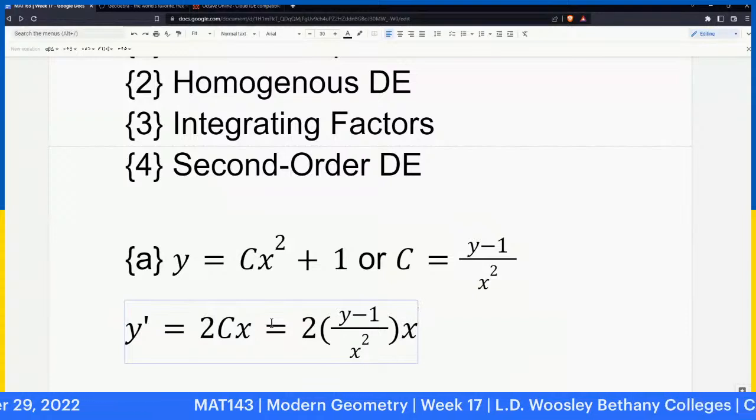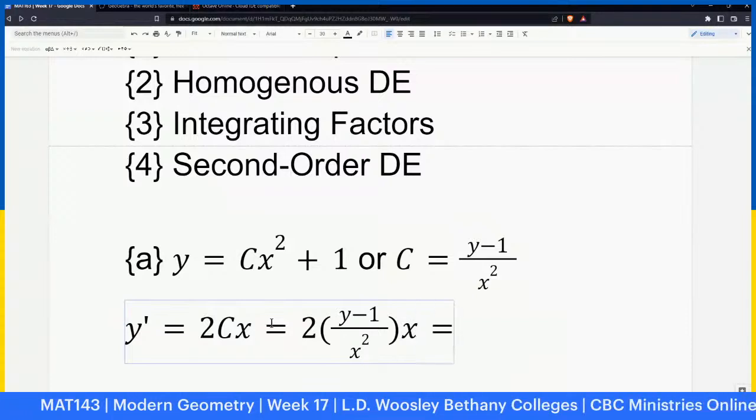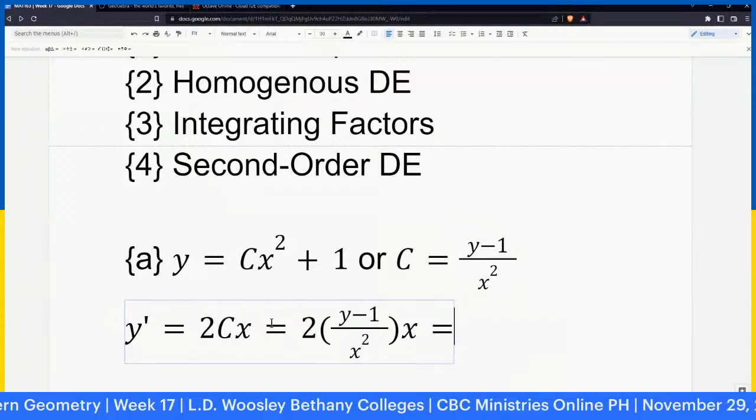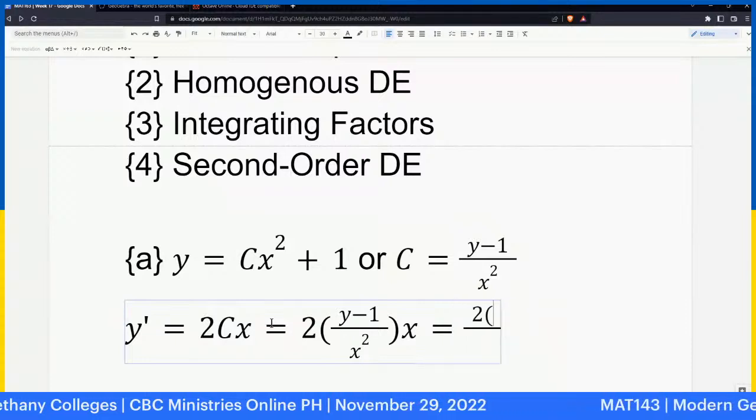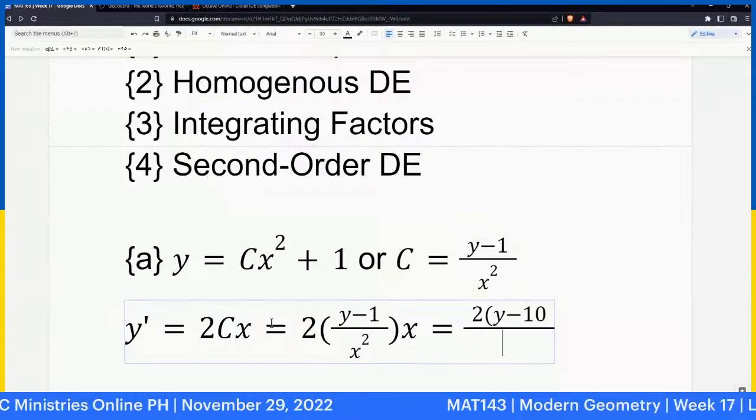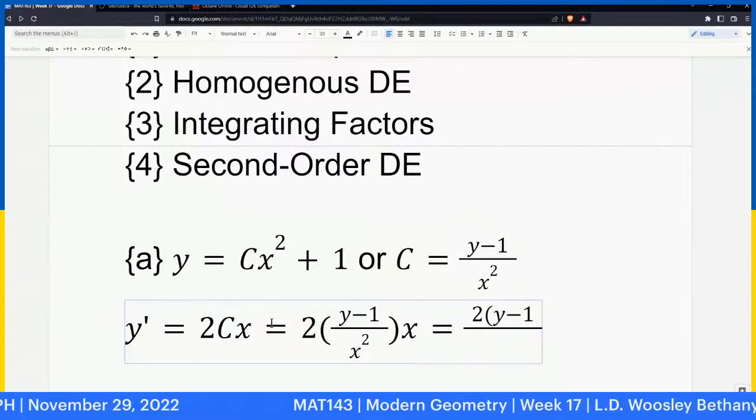Simplifying further, that would cancel. So what would happen? 2 times y minus 1 all over x.